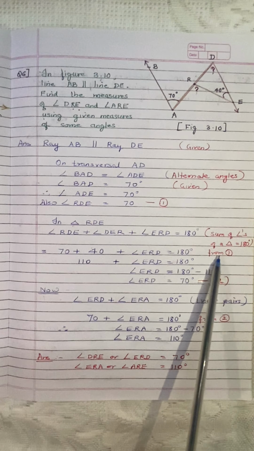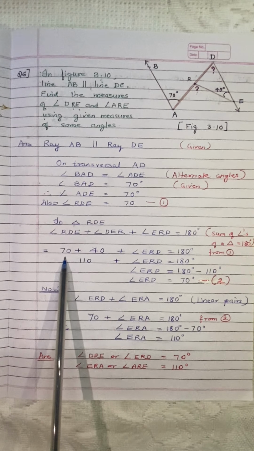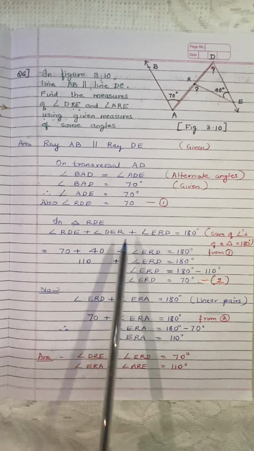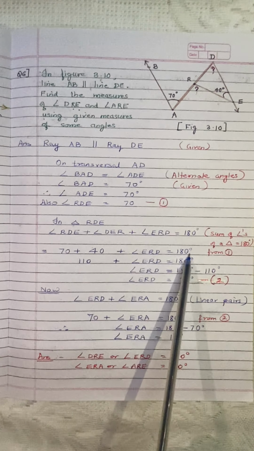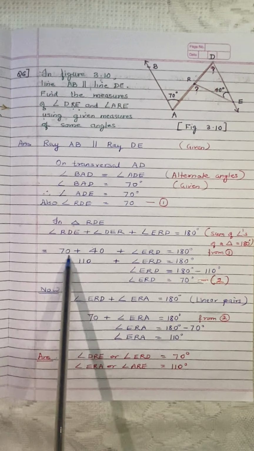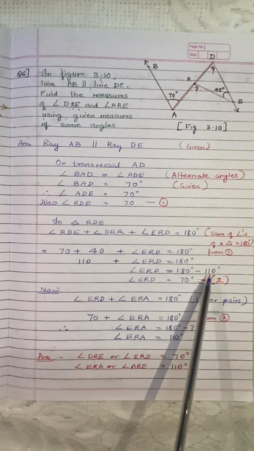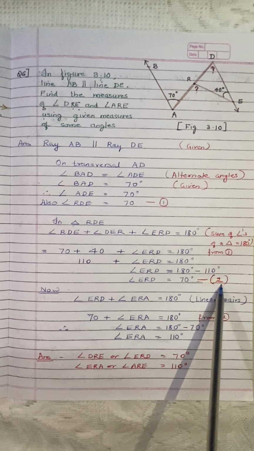Sum of angles of triangle is equal to 180. So RDE is 70, we calculated. DER is 40 and ERD we do not know, which is equal to 180 degree. So when we add up this, becomes 110, ERD is equal to 180 minus 110, ERD is equal to 70 degree. This is equation 2.